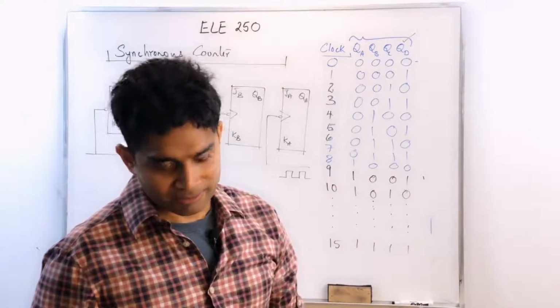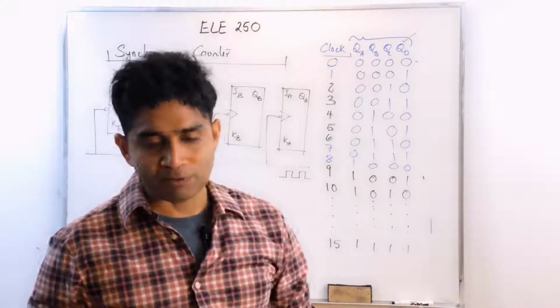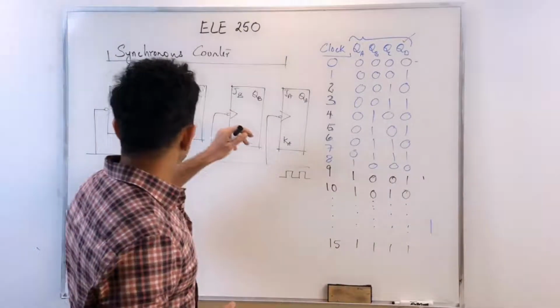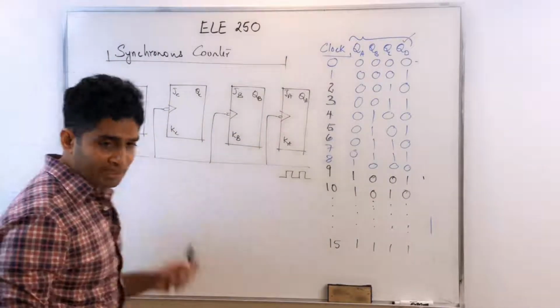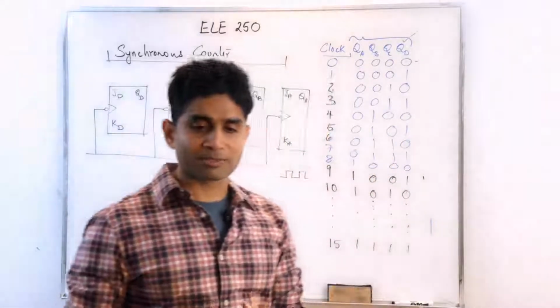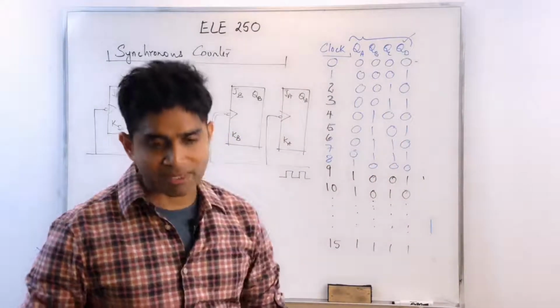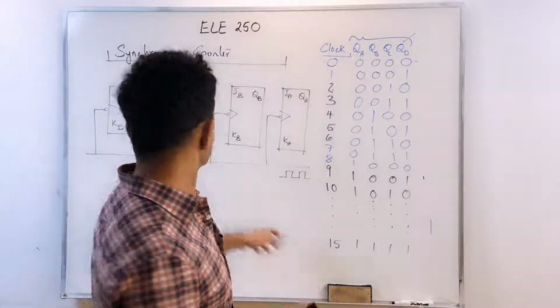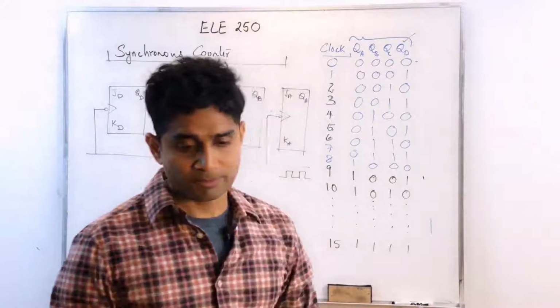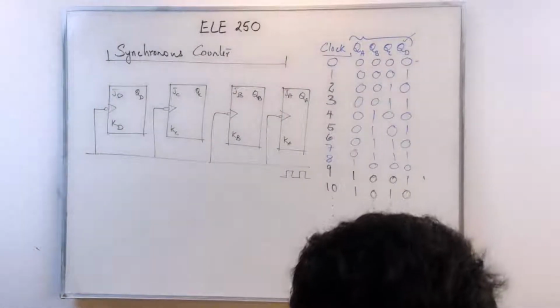How should one configure the JD, KD flip-flop so that I can get a QD that toggles with every active edge of the master clock? That's simple, I hope. Do you see that?